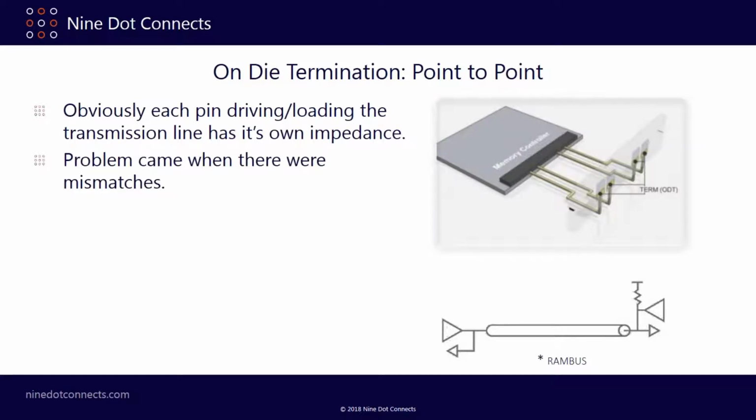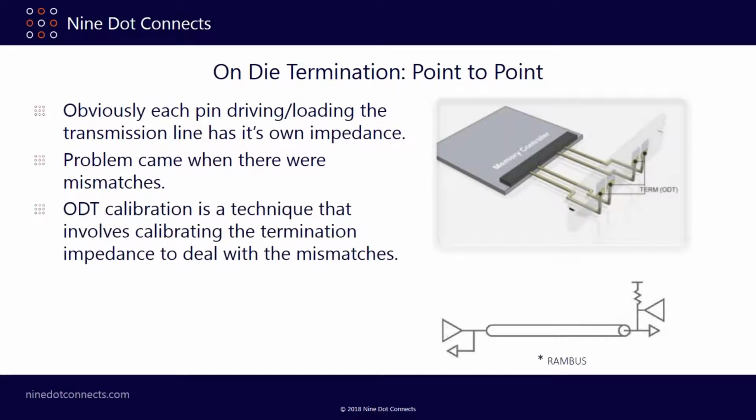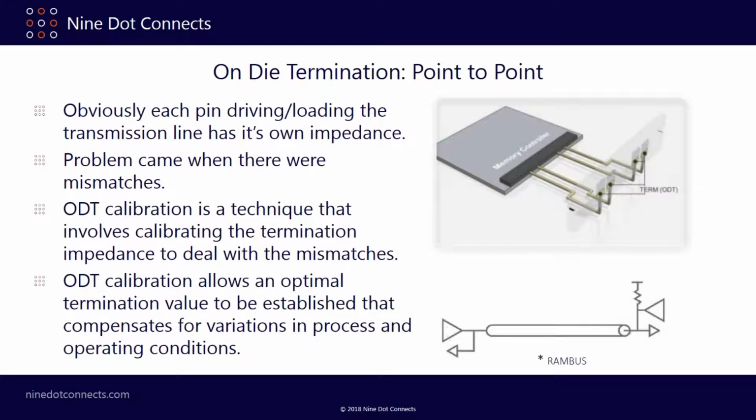The problem came when there were mismatches. On-die termination calibration is a technique that involves calibrating this termination impedance to deal with the mismatches. It also allows an optimal termination value to be established that can compensate for variations in process and operating conditions.